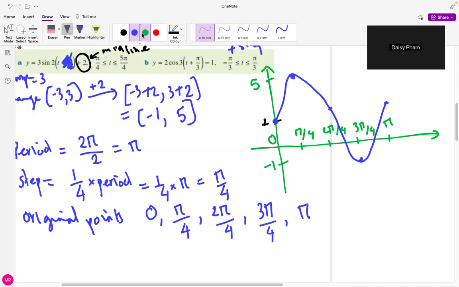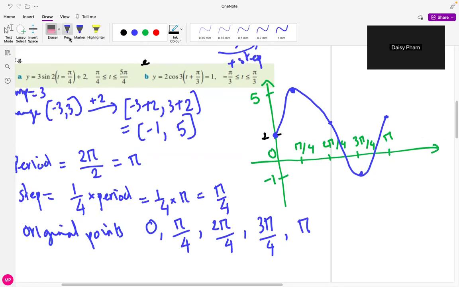Now, we're going to add in the horizontal translation. As you can see, it's minus 0.4, so this is a translation of 0.4 to the right. So you're going to add 0.4 to every single point here.